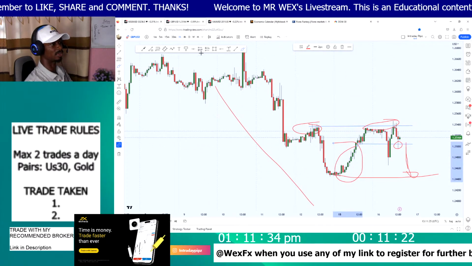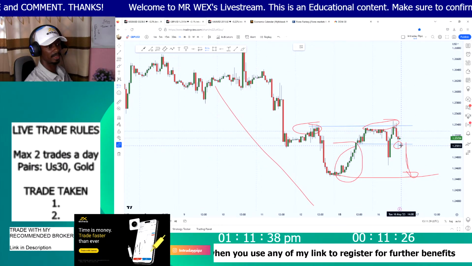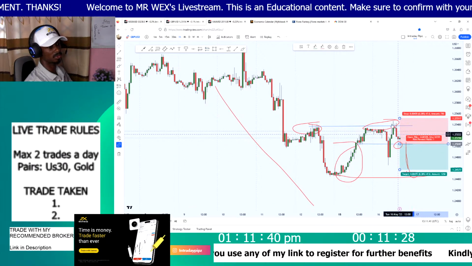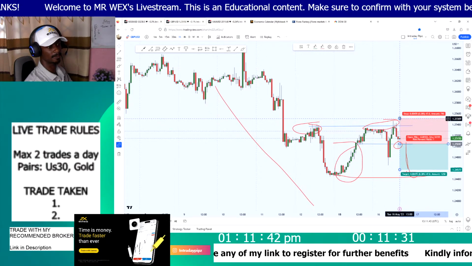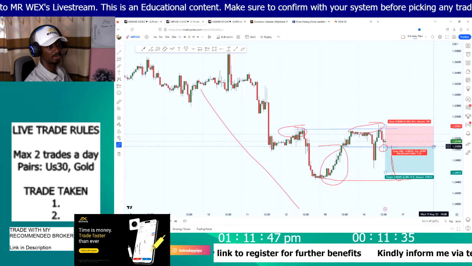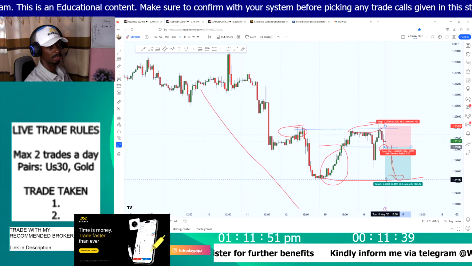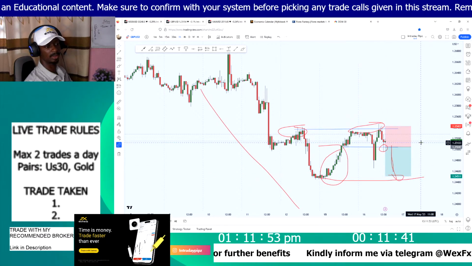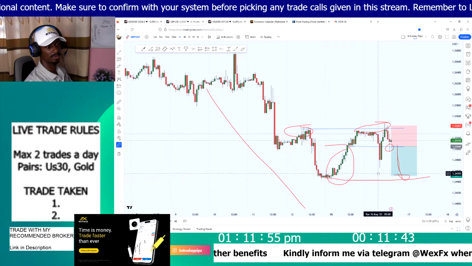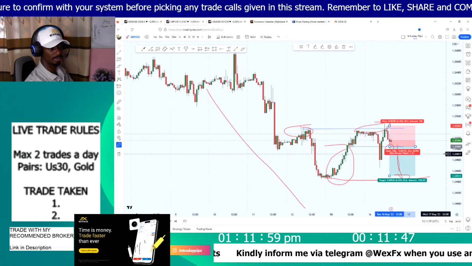So I'll just go ahead and give this as a sell stop for those who would want to jump on this. This is basically going to look like a 1:1 point something risk reward. So that is it for pound USD.